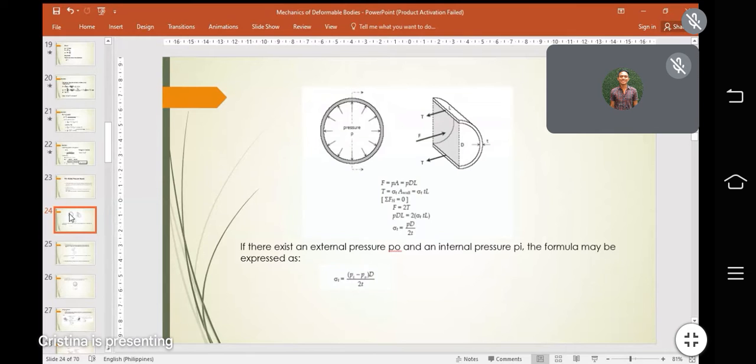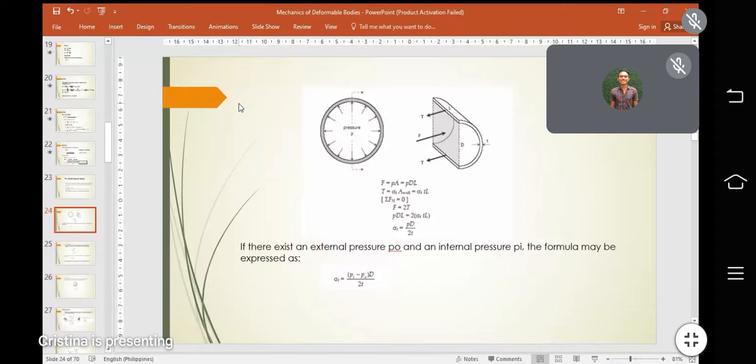So this is the tank. It is just a figure showing the internal pressure and forces caused. We have a pressure on the sides of the tank. For example, the fluid, either gas or liquid, causes pressure on the body of the tank.